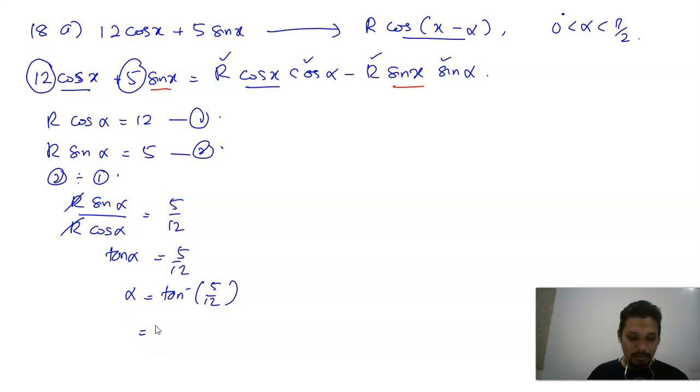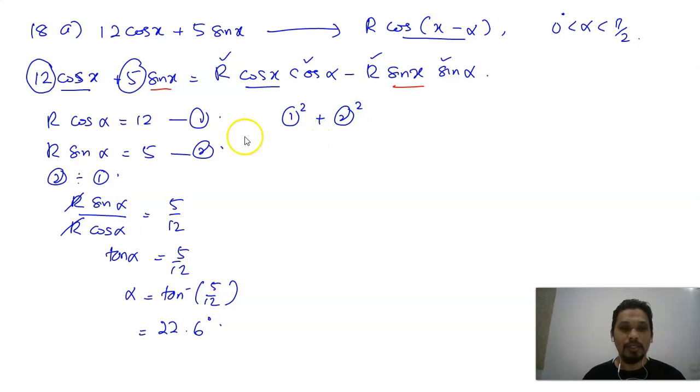And arctangent of 5 divided by 12 equal to 22.6 degrees.